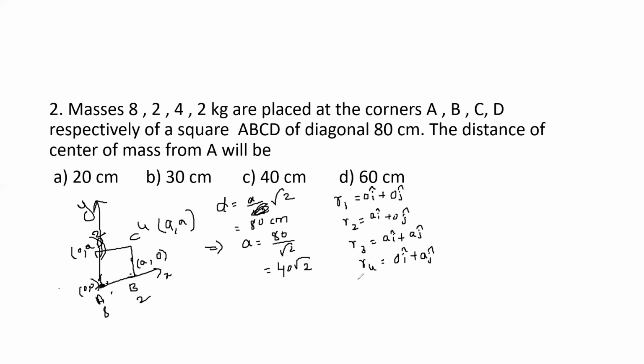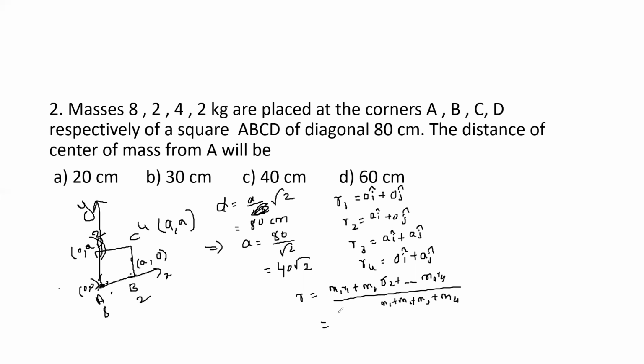So now we can use the formula. That formula is R is equal to M1 R1 plus M2 R2 plus M3 R3, and so on. They have given 4 particles, therefore we take up to M4 R4 divided by M1 plus M2 plus M3 plus M4. Now we can substitute the values and simplify it.